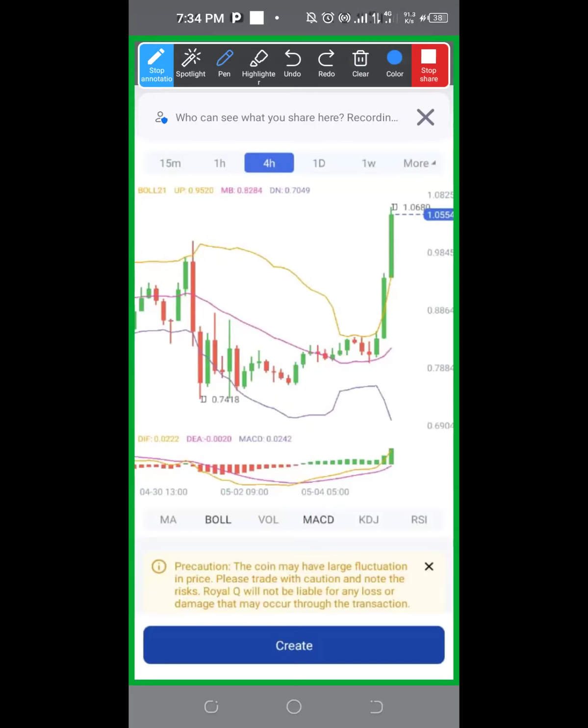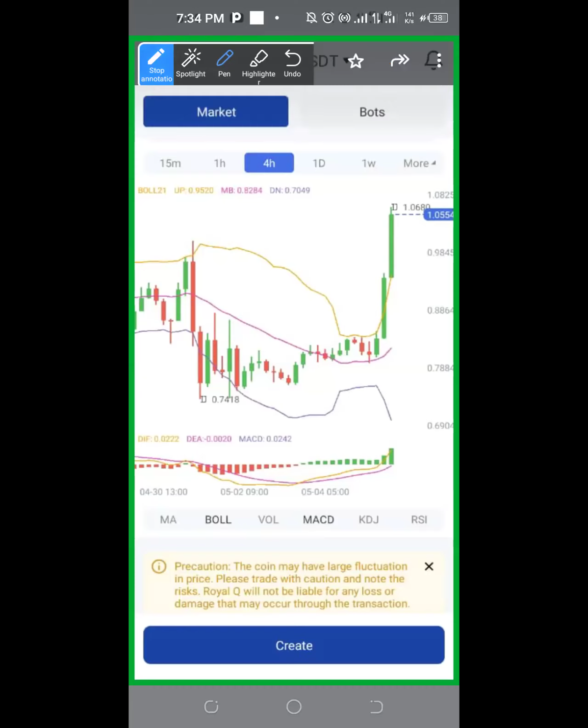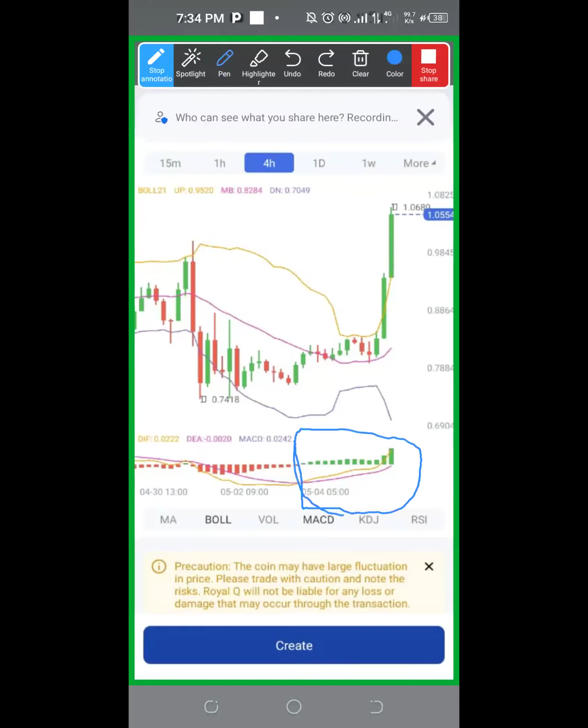Sometimes this interjection, this crossing of the yellow line over the purple line, the yellow line crosses over the purple line and it begins to travel up to the green bars. You see, from there the coin begins to pump.